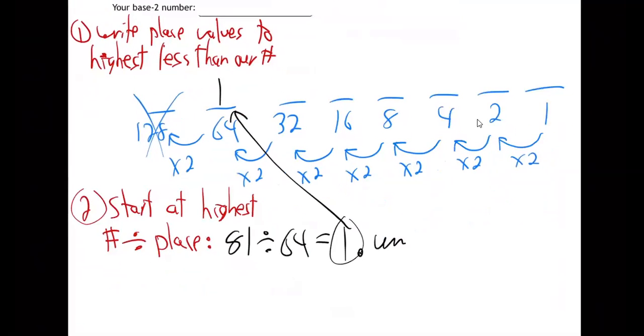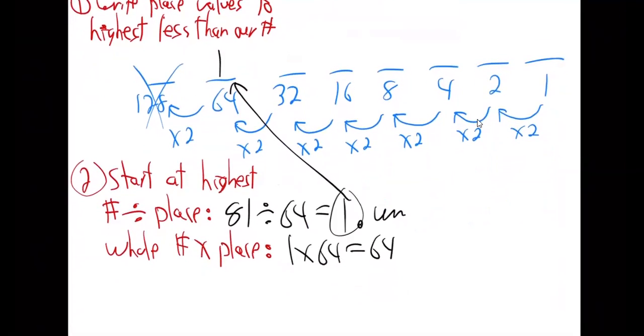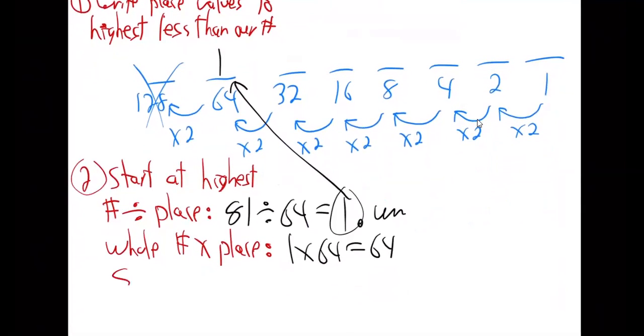And then you know the deal, right? The whole number times the place. So that's going to be the 1 times the 64. That's just 64, right? Because that's just 1 in the 64's place. 1 times 64 is just 64. That's easy. And then we subtract from the number, don't we?